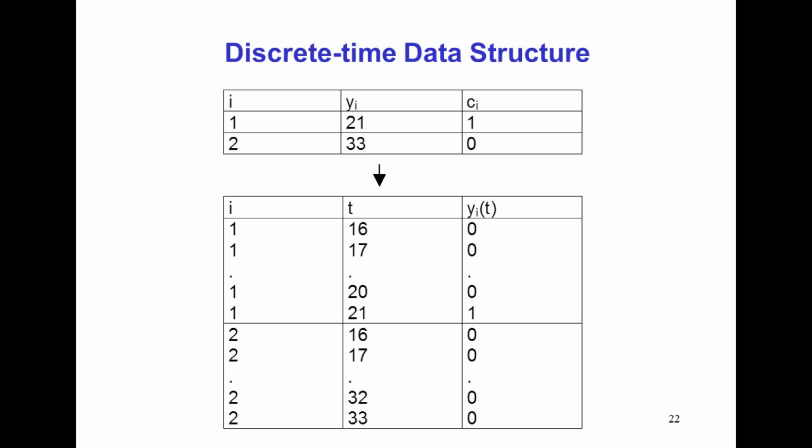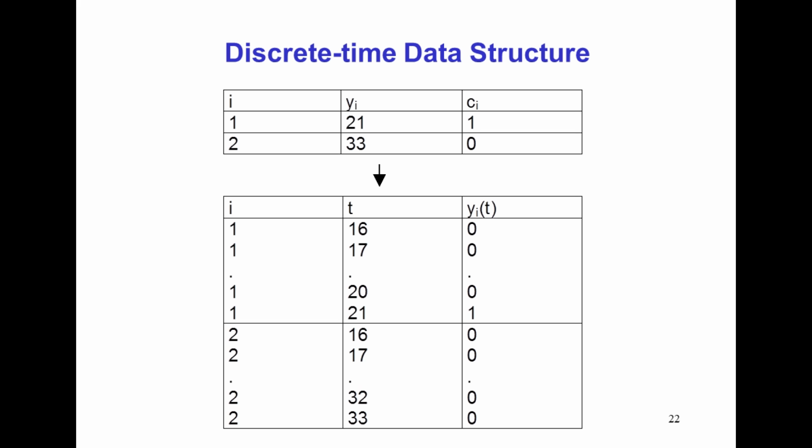What we then do is for each individual, we expand that information into a series of records, one for every age, one for every year, from age 16 up until the last point we observe them, or when they have the event. So the first person is going to have records going from age 16 all the way up to age 21.